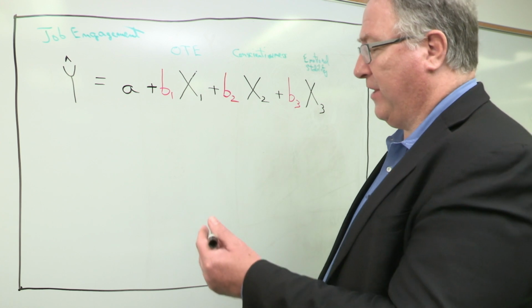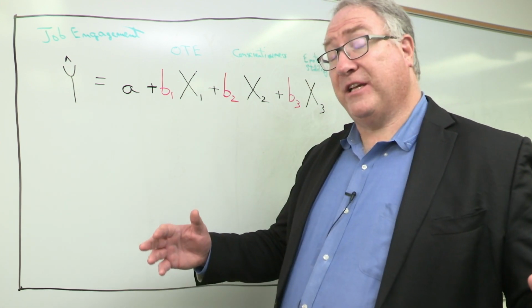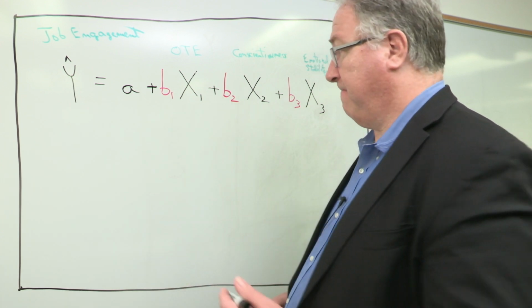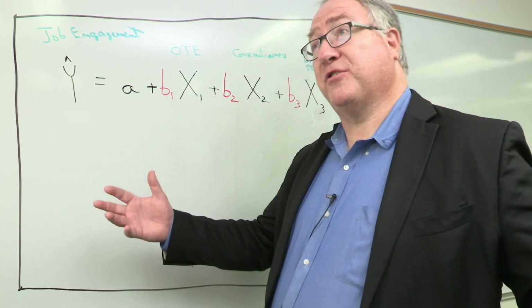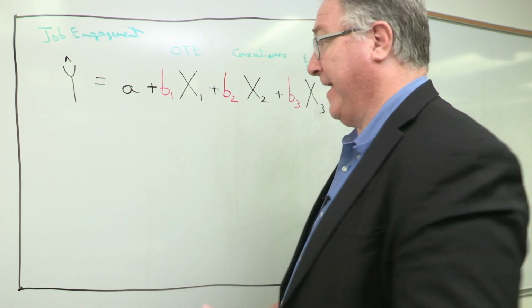Okay, so here, let me put this up. It's a grid. Let's say that this represents a data set from a statistical procedure like SPSS or STATA or something like that.